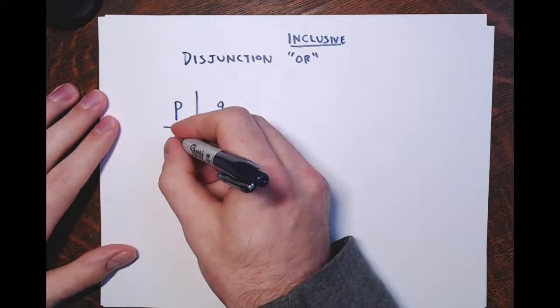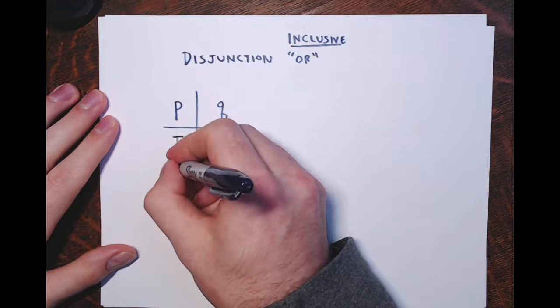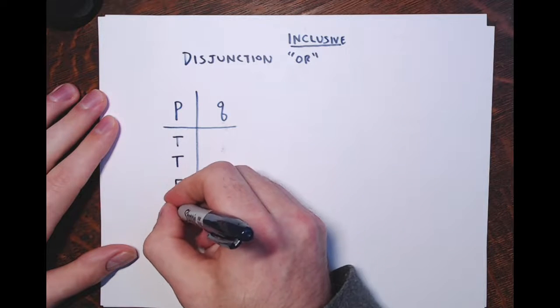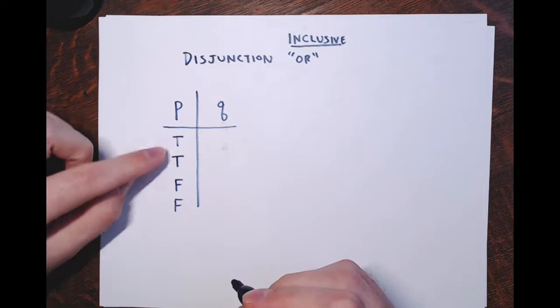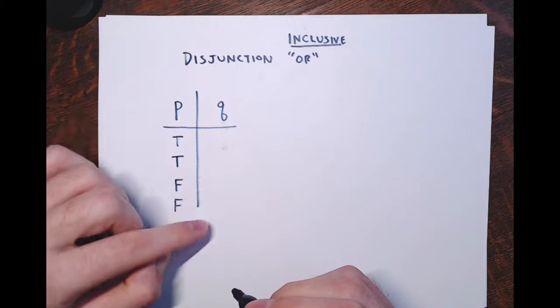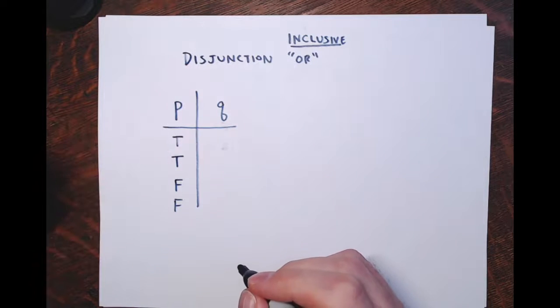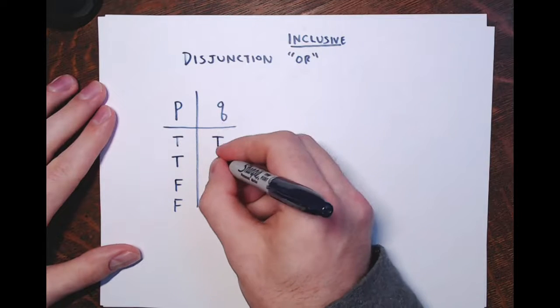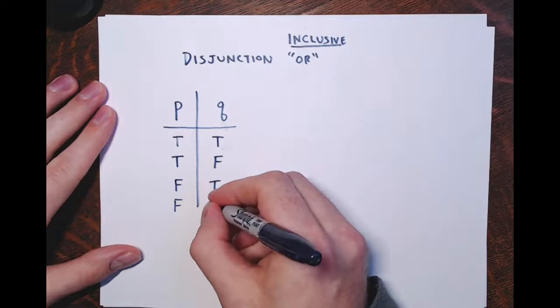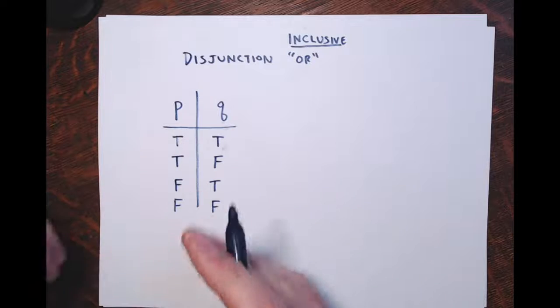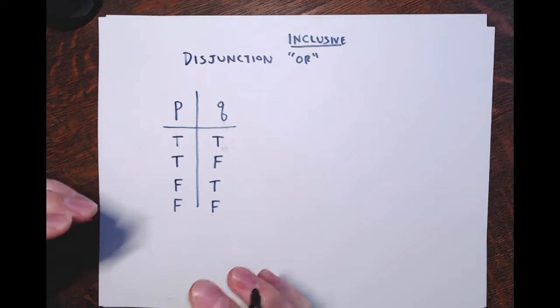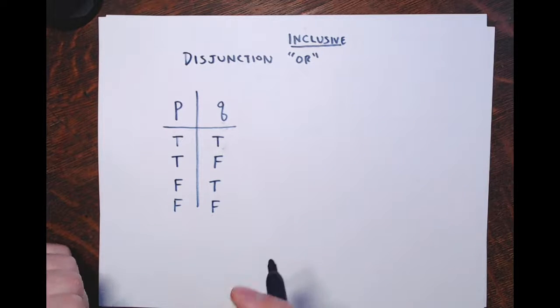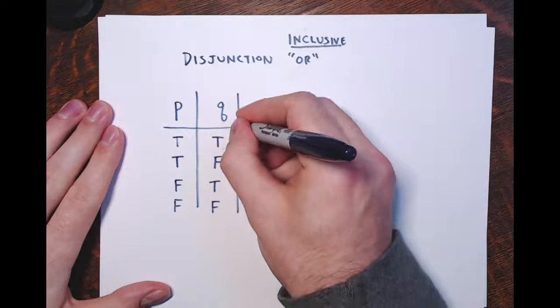I cut the first column in half: 2 trues, 2 falses. For the next column, I cut those blocks in half: 1 true, 1 false, 1 true, 1 false. And there's every possible combination of truth values for two propositions.